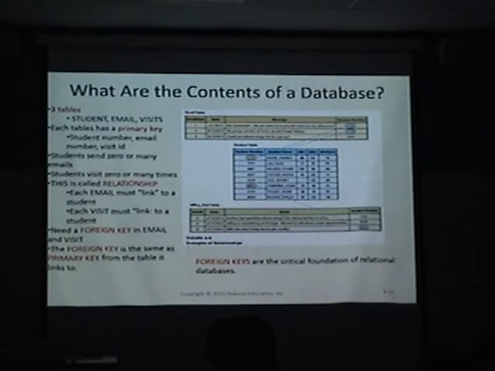Because student table is related to email, right? We're always going to look at the foreign key. Remember, the foreign key is just the primary key from the table it's related to. So look, student number, right there. And it's always the last column. So we know that Andrea sent 2 emails.